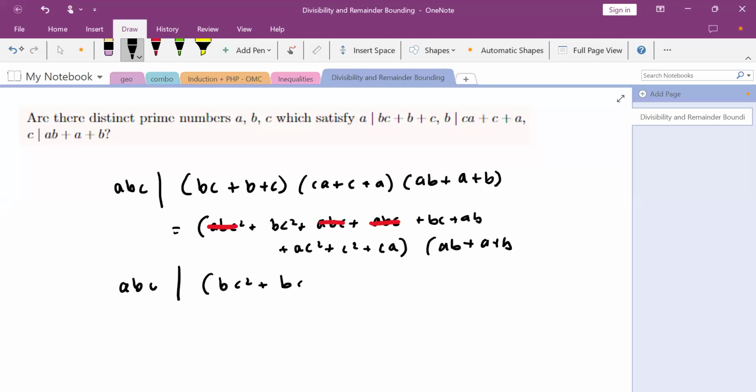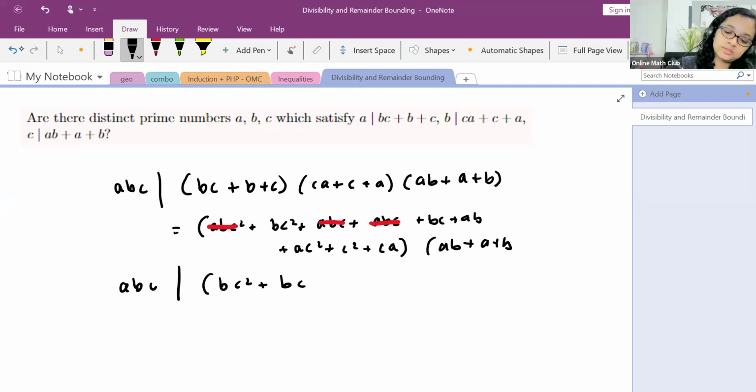Can you multiply the first divisibility by a plus 1, the second by b plus 1, and the third by c plus 1? You multiply the RHS of it. And then you get a divides a plus 1 times b plus 1 times c plus 1 minus 1. And then you use Chinese remainder theorem to get a plus 1 times b plus 1 times c plus 1 is equal to 1 mod ABC.